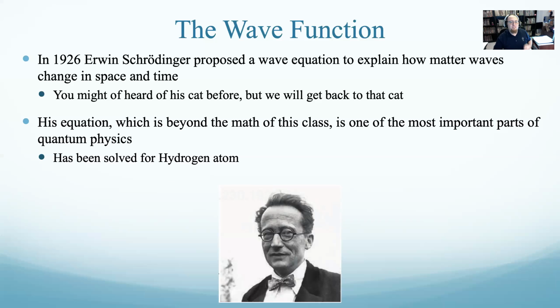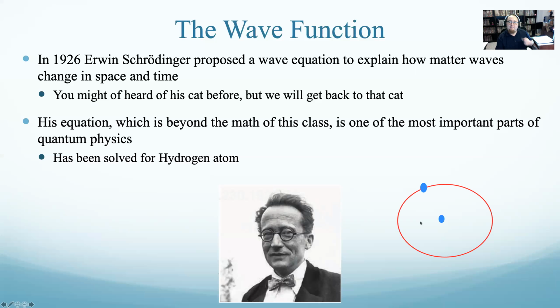And he made an equation to describe the location of an electron in the hydrogen atom. Now, for the record, it has only been solved for hydrogen and hydrogen-like atoms. The reason is a hydrogen atom is one proton, one electron, with the electron orbiting and a Coulomb force between them.